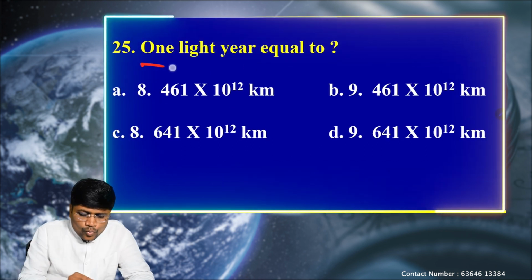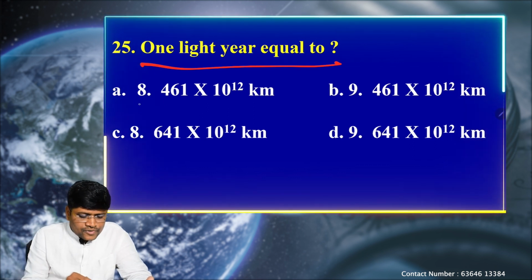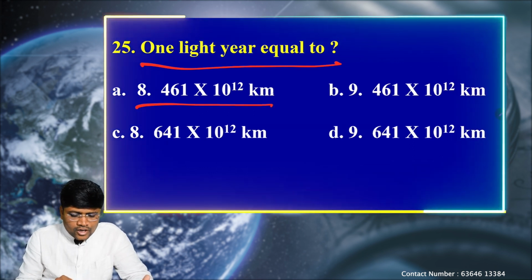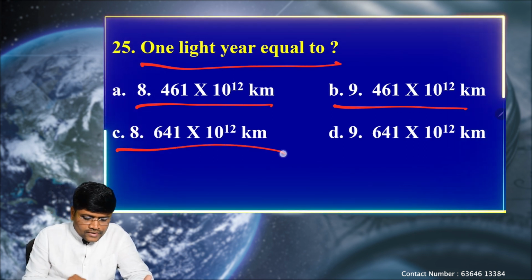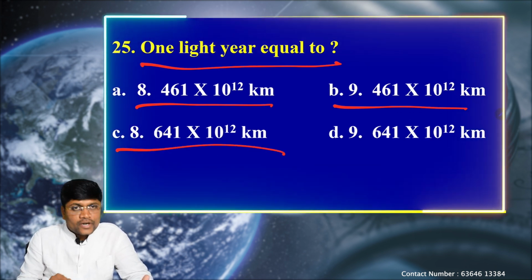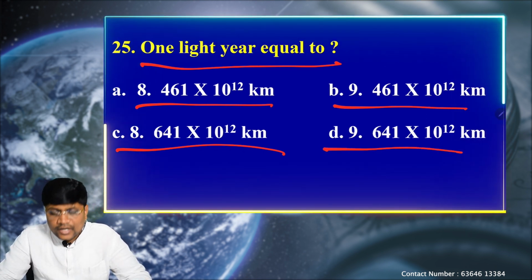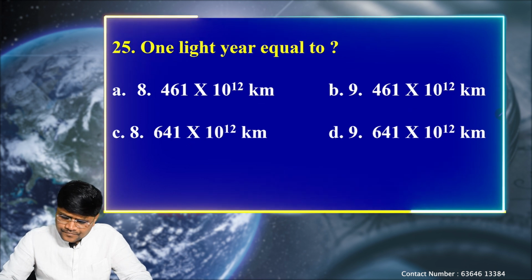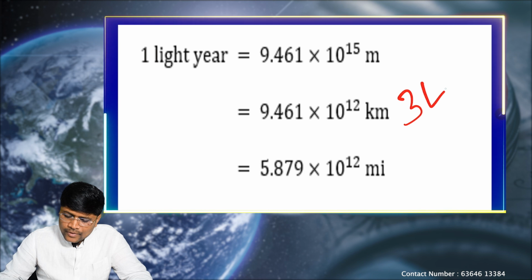Next question: 1 light year equals to, again related to light only. Option A 8.461 into 10 to the power of 12, B 9.461 into 10 to the power of 12 kilometers, C 8.641 into 10 to the power of 12 kilometers and D 9.641 into 10 to the power of 12 kilometers. We know that light travels at 3 lakh kilometers per second.